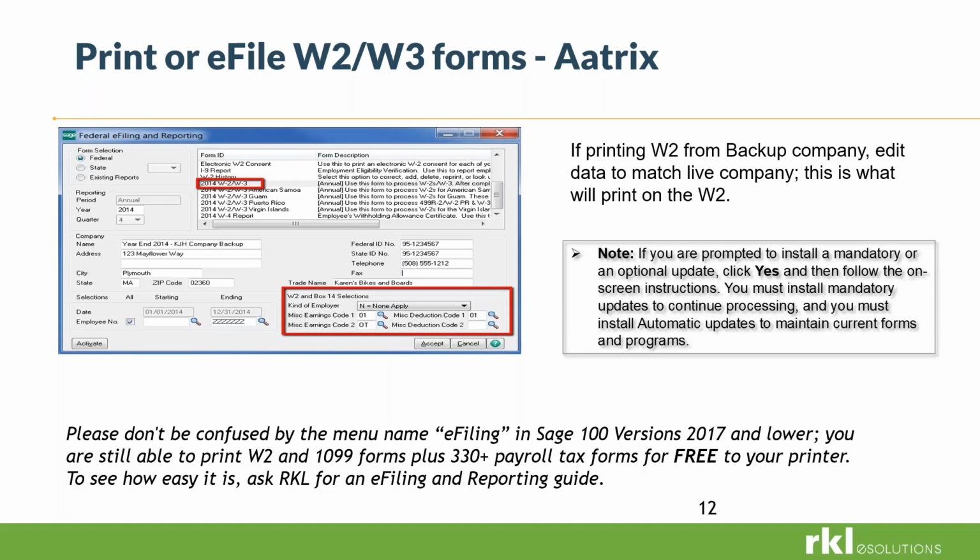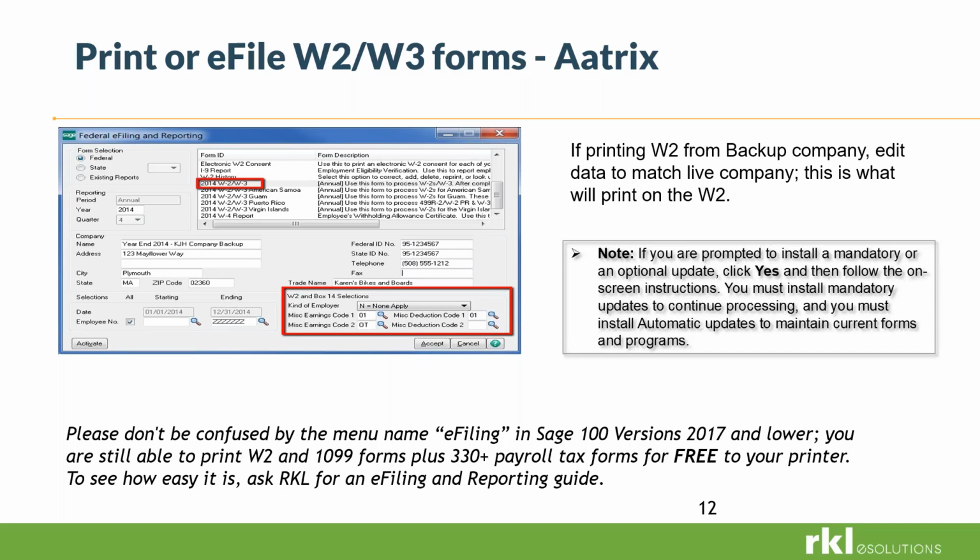Just a word of caution. If time does not allow you to print your W-2s real time from the live company, and if you must move forward and process your first payroll for 2019, you can print your W-2s from your backup company. You simply need to pay attention to the FICA limit.